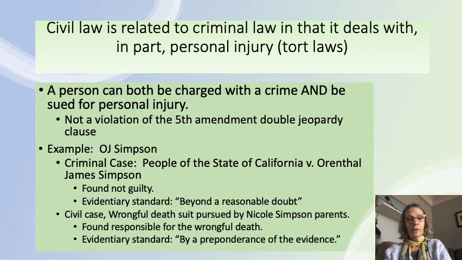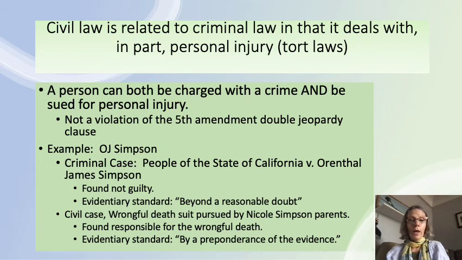And it makes sense because when you're found guilty of a crime, the penalty can be very significant. In the case of O.J. Simpson, California has the death penalty. You could have been subject to the death penalty. Okay, and so you want to have a higher burden of proof. As for the sanction in the civil case, he was found to be civilly responsible, and he had to pay the family for the damages they experienced by losing their child.